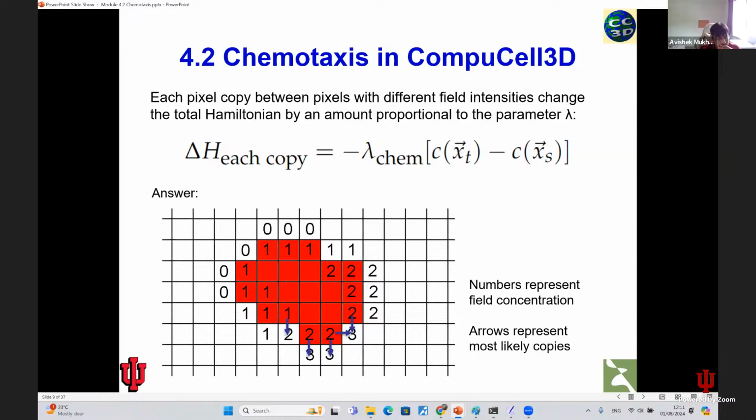So the chemotaxis only acts in the border of the cell. If there is 100 here, it's not going to change the answer. And if there is 100 over here, it's also not going to change the answer unless the border, the interface between medium and cell, comes in contact with that gradient difference, that field difference. Got it. Thank you.